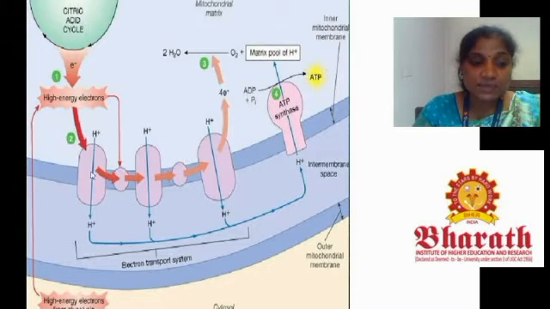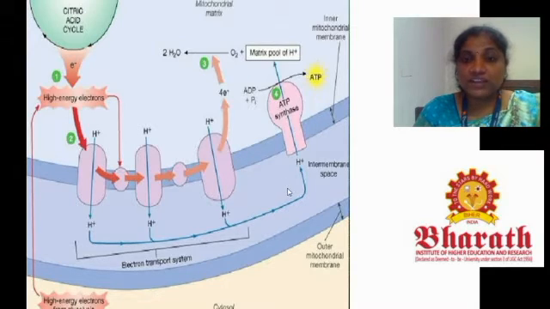Once the H plus ions have moved across the membrane, they move backward again through an enzyme called ATP synthase. They move back to the inner membrane, passing through the ATP synthase enzyme.